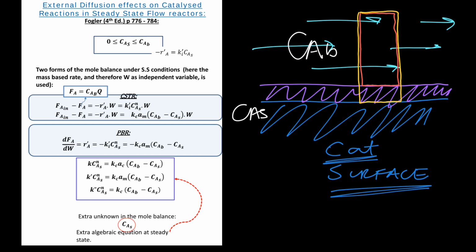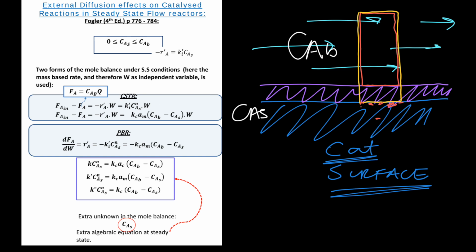When I consider this yellow control volume, I can extend my boundary to say, all right, why does stuff disappear from the bulk? It disappears because it participates in the reaction catalyzed by the catalytically active sites on my catalyst surface. And therefore, the rate equation I must use there must have the surface concentration as the concentration at which the actual reaction rate occurs.